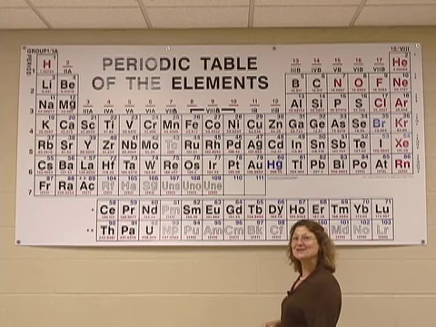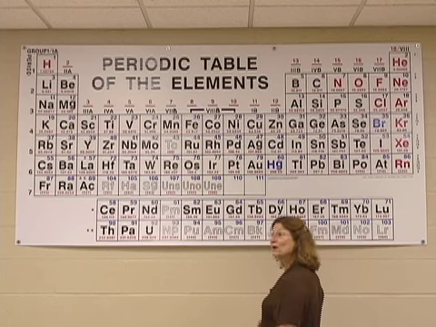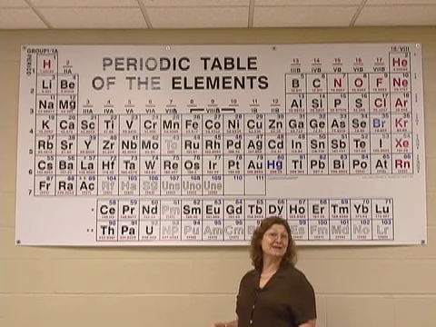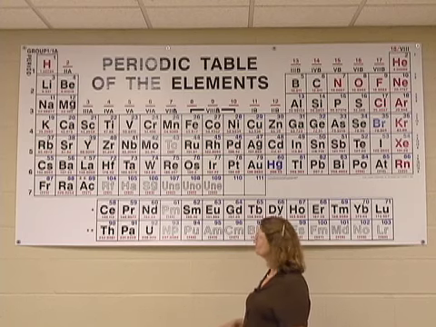So you can use the periodic chart as well, and that works real well. I prefer the diagonal rule, but whatever works for you is fine. You get the right answer.